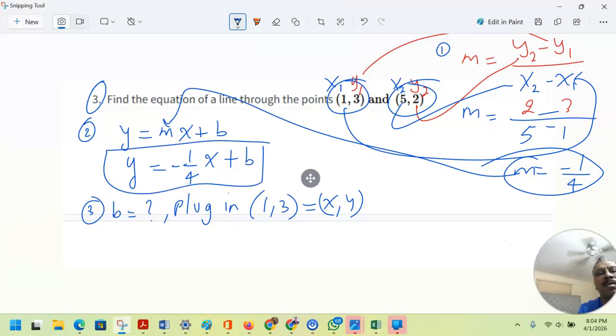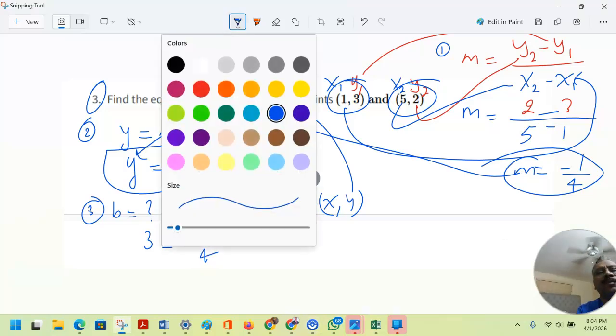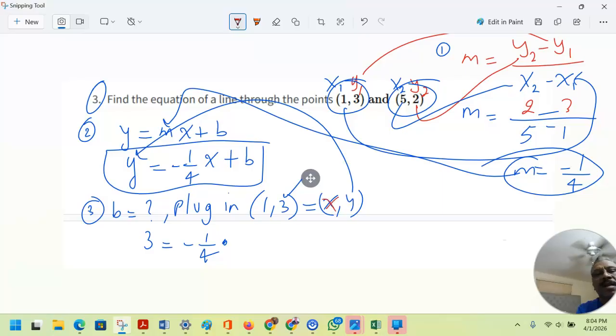See, so the y goes right here. Y is 3, and the x, this red x, is 1. So this is 1, and plus b.